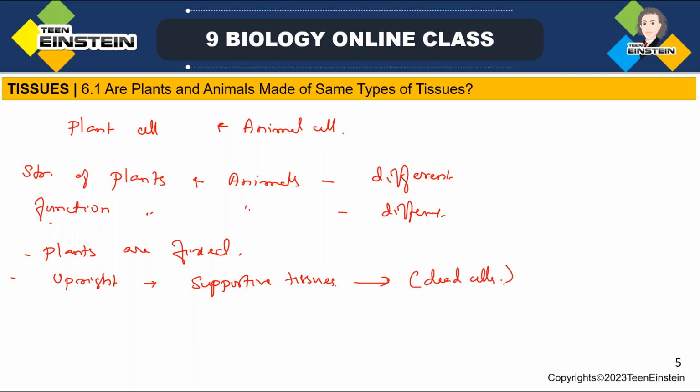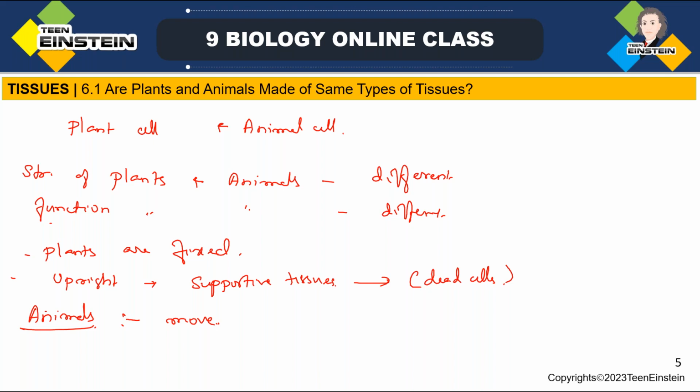and these supportive tissues are generally made up of dead cells. Okay, but in the case of animals, just think, animals can move, right? They can move around, they can search for food, they can search for their mate, they can find their shelter. For all these they need to make movements, right?